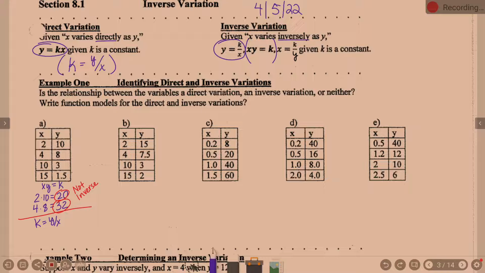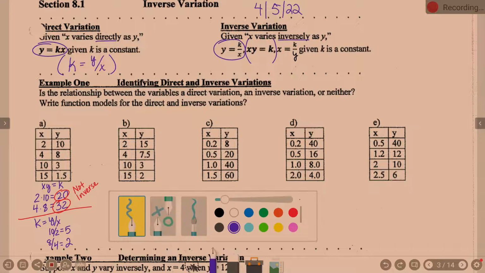So what's the first set? y is 10 and x is 2. And what is 10 divided by 2? That's 5. What's the next set? 8 and 4. What's 8 divided by 4? 2. What did we just find out?